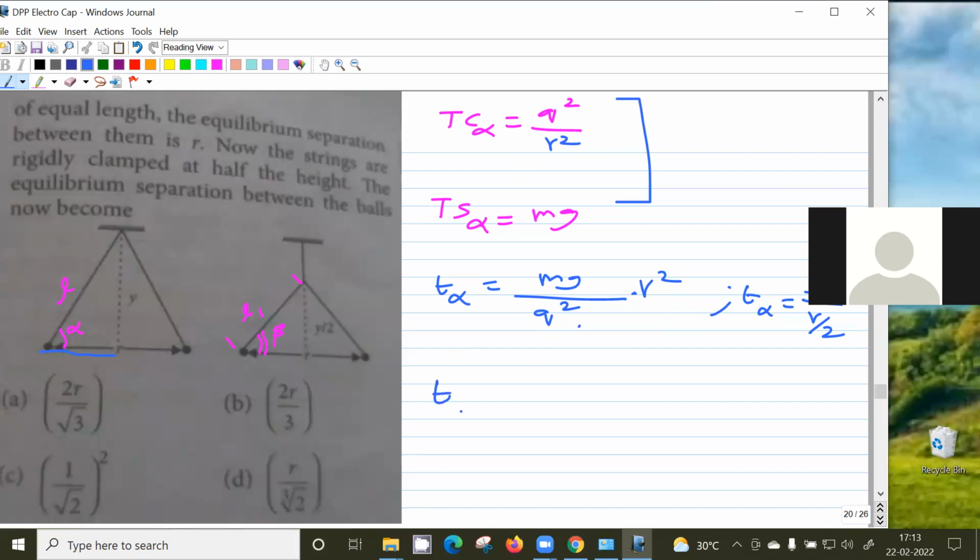So in the second case, the same thing, tan beta will become mg by q square into r1 square. And we have to find r1. Tan beta is the same thing, it will go as y by 2 divided by r1 by 2.